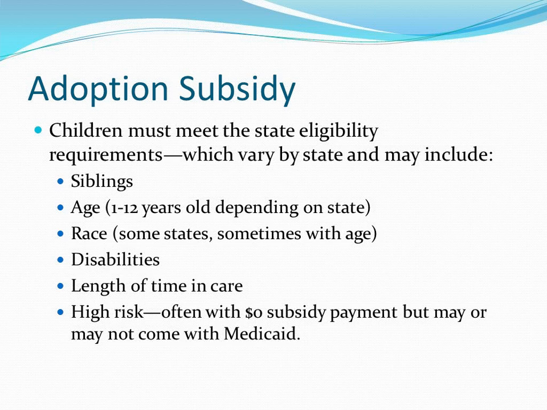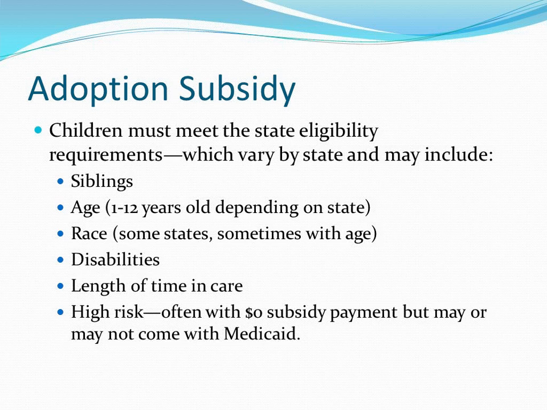If it's ADHD or well-managed asthma, those things may not qualify. Obviously, things like Down syndrome, cerebral palsy, possibly oppositional defiant disorder, PTSD, those are more likely to qualify. But disabilities is not just physical, it can also be behavioral or mental.